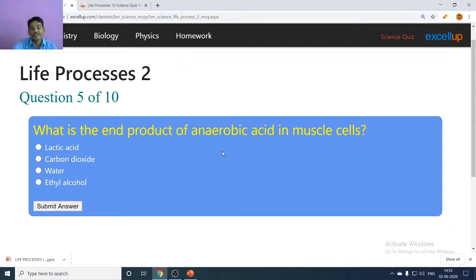Here see the question. What is the acid produced during anaerobic respiration in the muscle cells? Here clearly acid is mentioned, so lactic acid. If it is fermentation, ethyl alcohol.